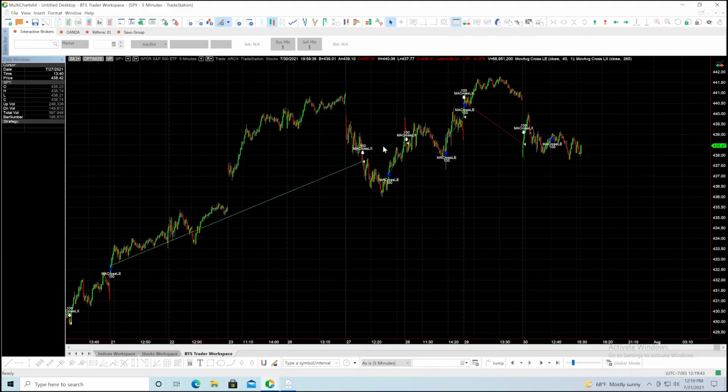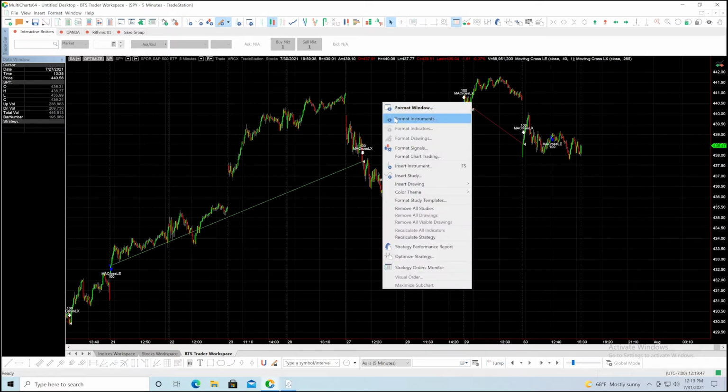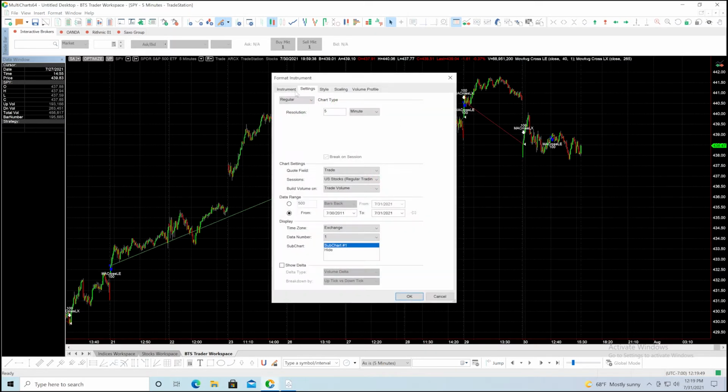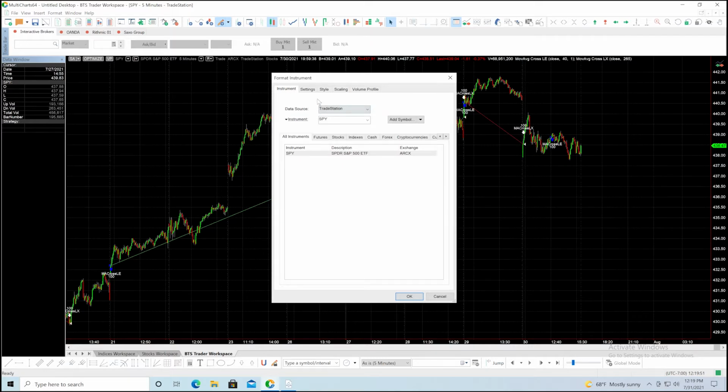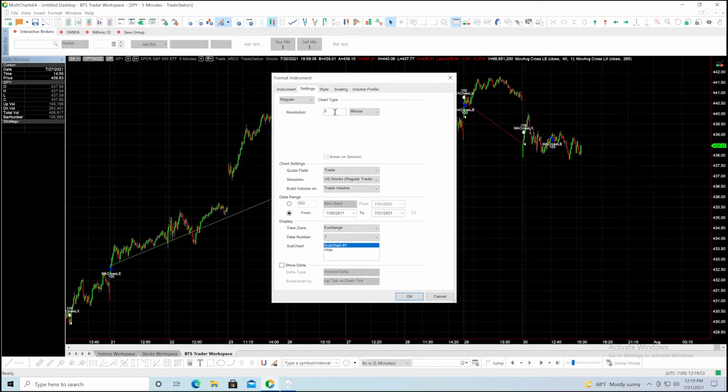So we're back here in multi-charts. As usual, I'll show you the instrument settings. SPY, 5-minute bars, session template, US stocks regular trading session, approximately 10 years of data using exchange time rather than local time.